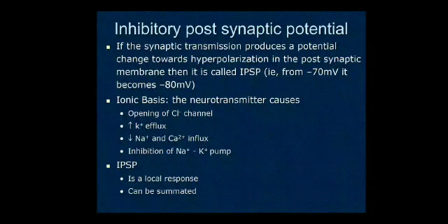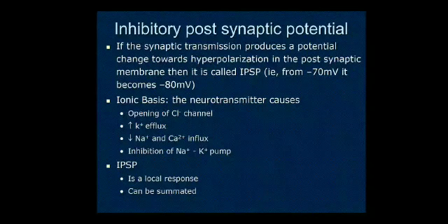It occurs mainly due to the closure of anion channels like chloride channels, or the opening of potassium channels, potassium efflux, and also decreased sodium and calcium influx. All these cause more negativity inside the cell. So that's why it's called inhibitory postsynaptic potential.